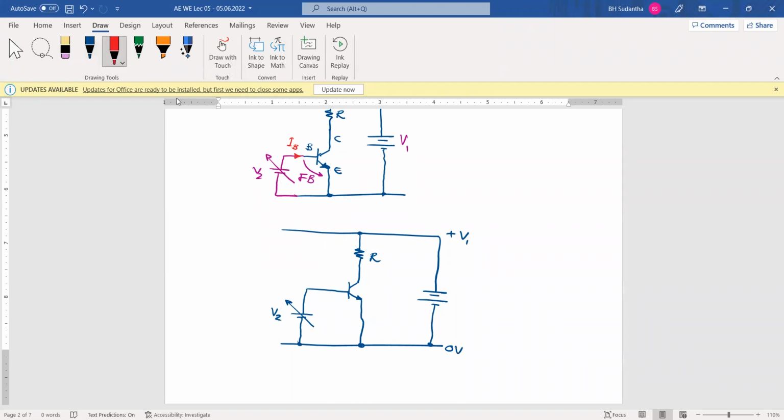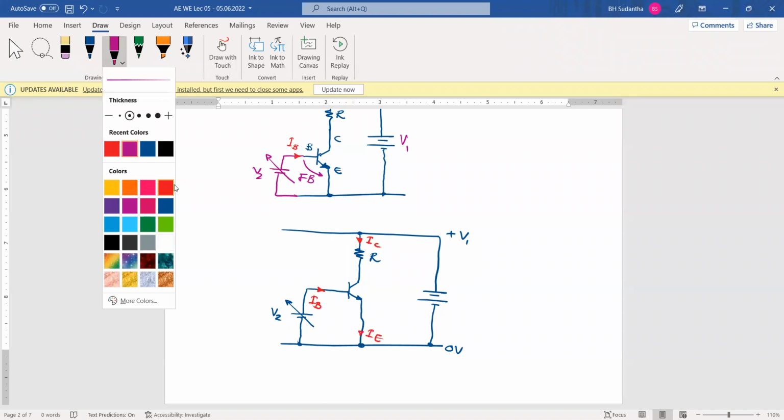At that time, you can see this is the collector current. We name it IC. And this is the base current, we name it IB. And here the current may be going away from the emitter terminal, then we say it's IE. At that time, we have this voltage.